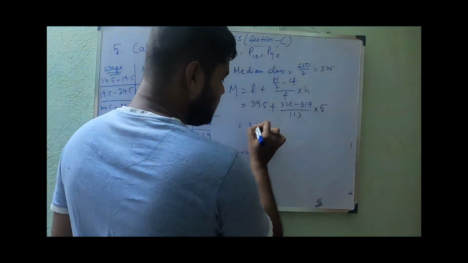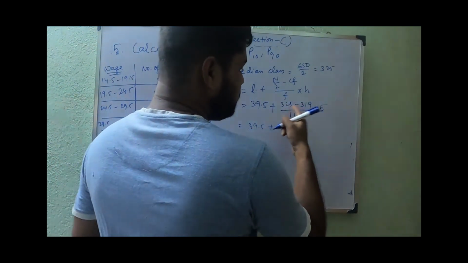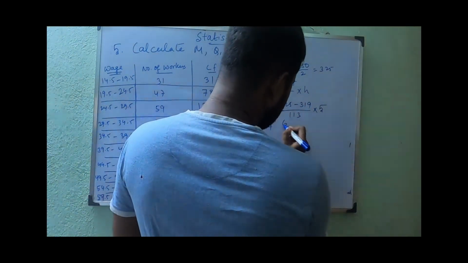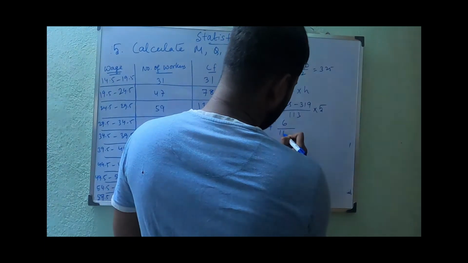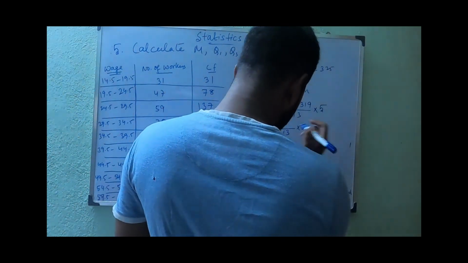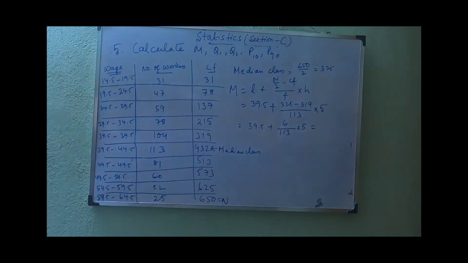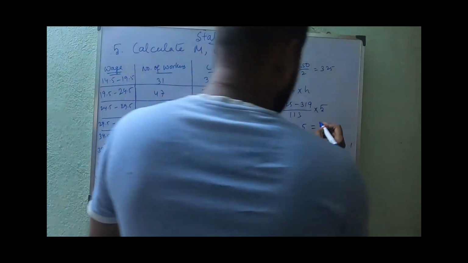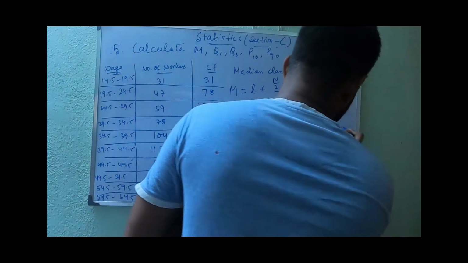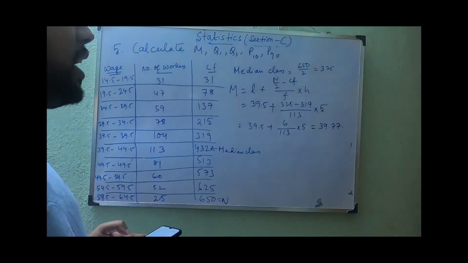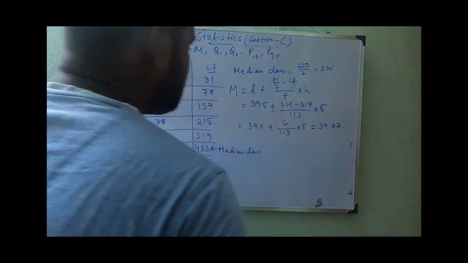So this is 39.5 plus 6 by 113 into 5. That comes out to be around 39.77. Just check your calculation.